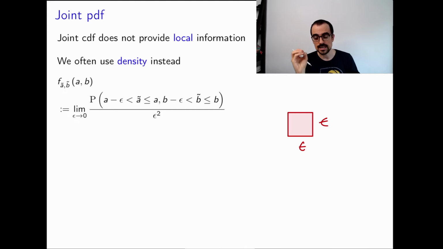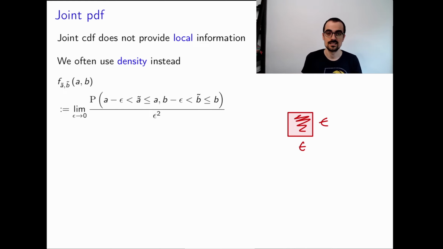We divide the probability that we end up in the square by the surface, and that gives us a density. This is similar to a sheet of metal that is really, really thin, where the mass is obtained by considering the 2D density and then integrating it over 2D.